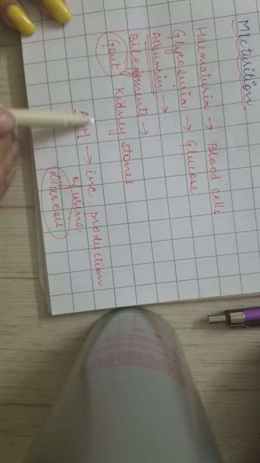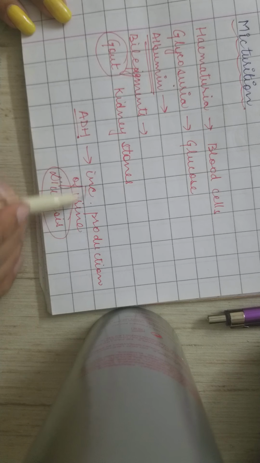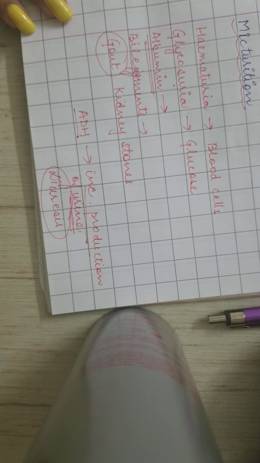In your endocrine system chapter also, you have studied about diuretics, the substances which increase the formation of urine, like tea, coffee, alcohol. If the ADH secretion is reduced, the reabsorption of water is not taking place properly, and the production of urine increases.